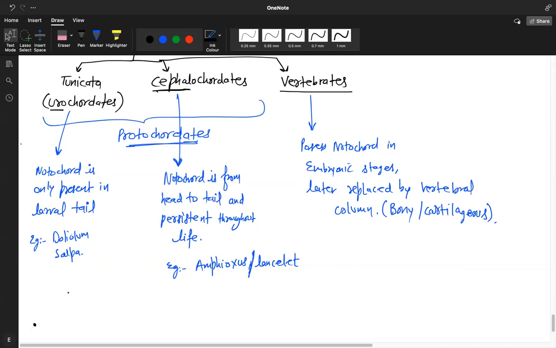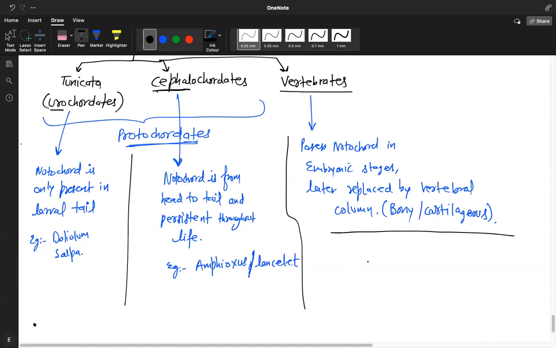Now vertebrates have a couple more things which are different from other chordates. I'm writing those things in black ink. Apart from everything that other chordates, like these protochordates, have, vertebrates also have a heart.